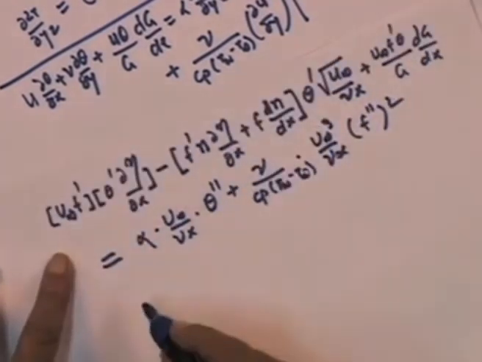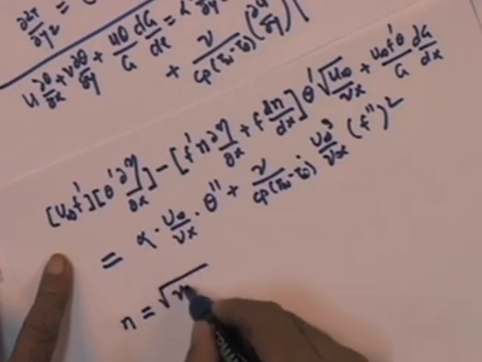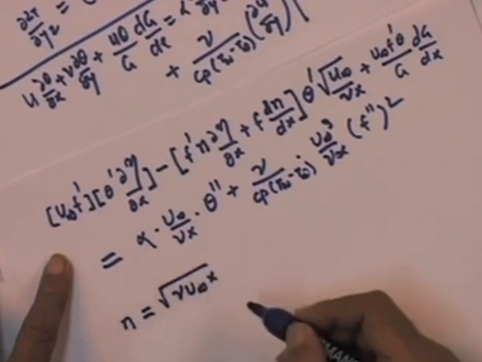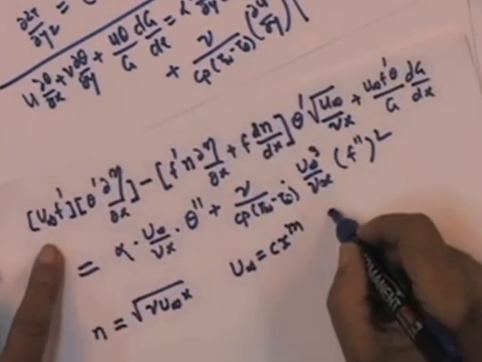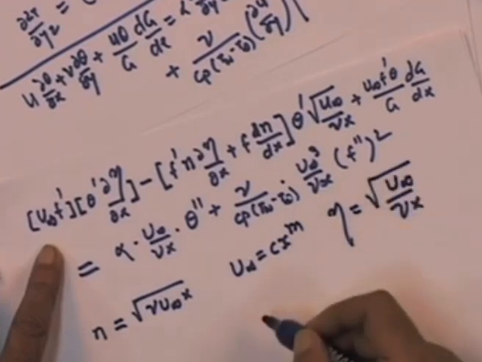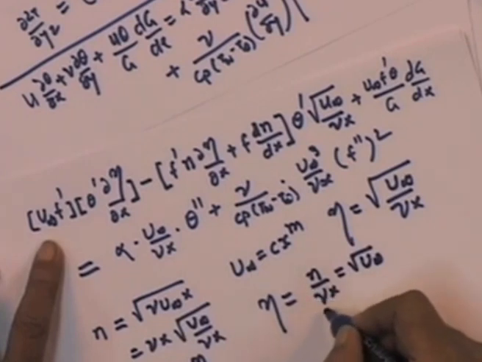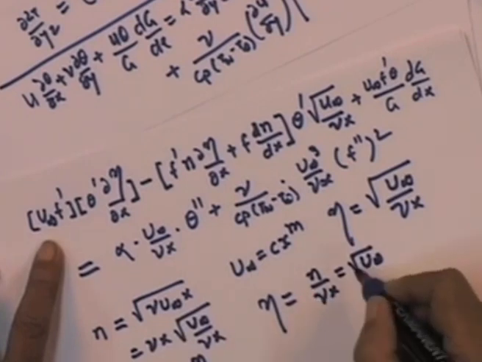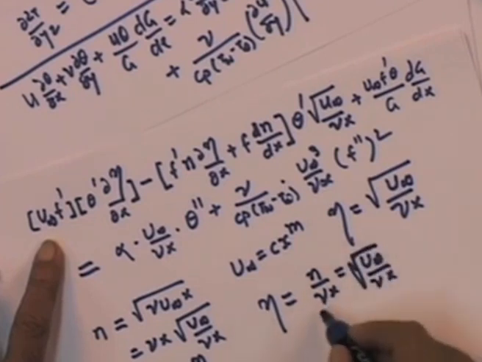Now, notice that dn by dx, since n is equal to under root nu u infinity x and u infinity is equal to c x raised to m and eta is equal to under root u infinity by nu x. So, I can show that n is equal to n divided by nu x, which will be under root u infinity nu x.